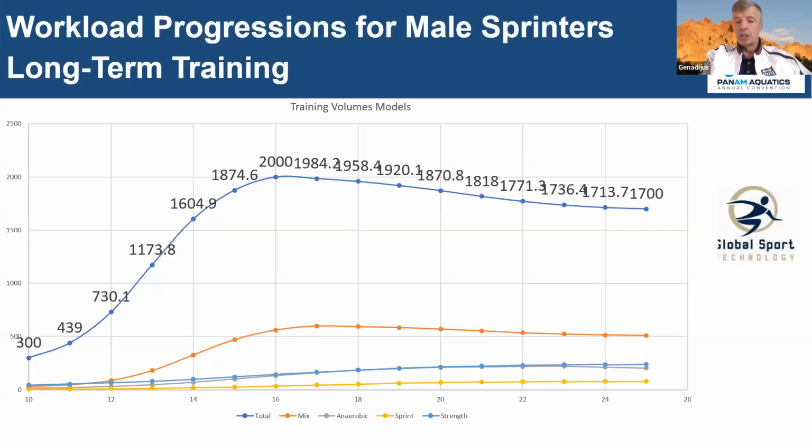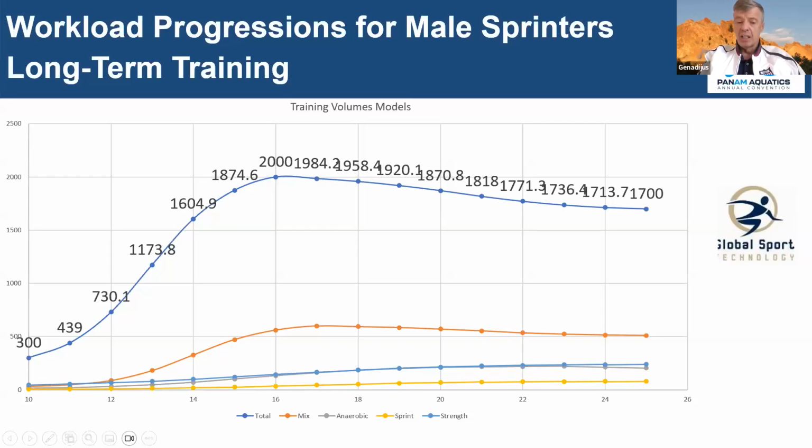They should reach around 2,000 kilometers a year, not at age 17 or 18 like distance swimmers, but earlier, at age 16. And then volumes can gradually go lower for the rest of their career. At peak performance age, which is 25 years old, sprinters should still swim about 1,700 kilometers a year.